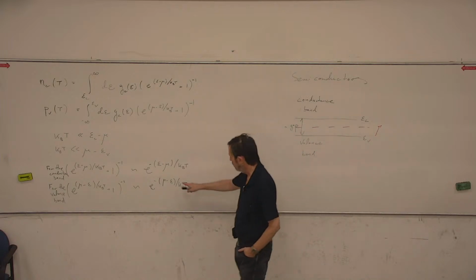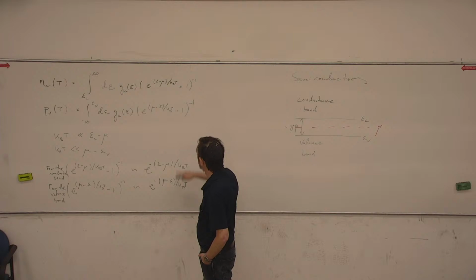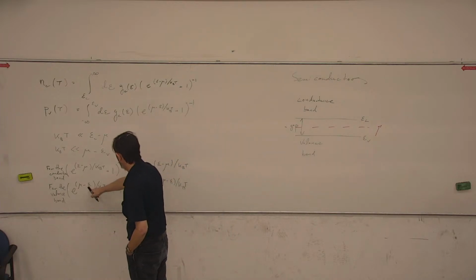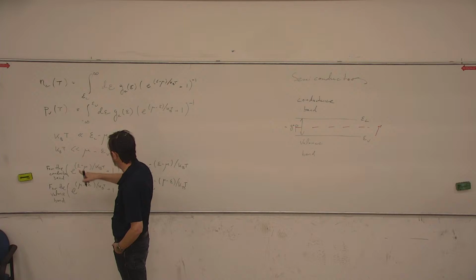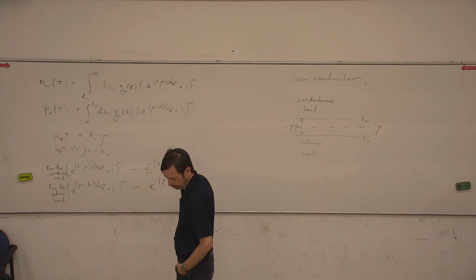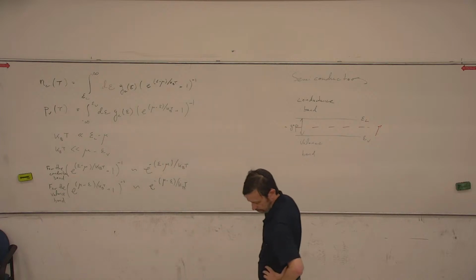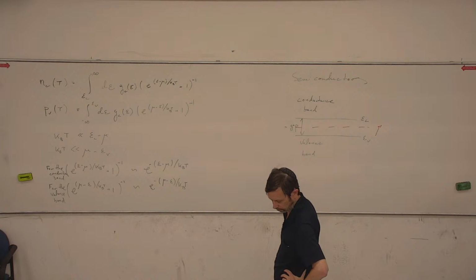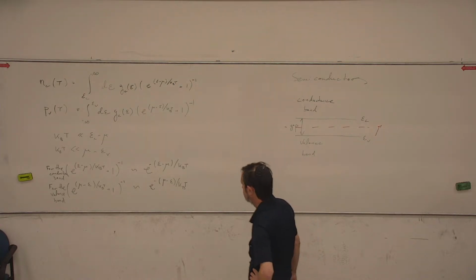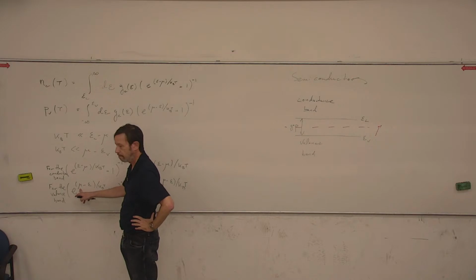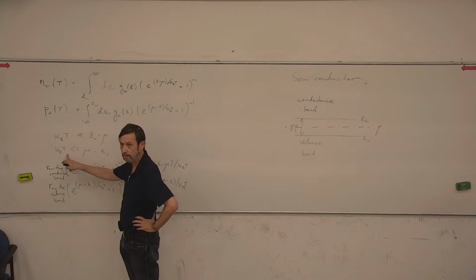Shouldn't it be without a minus because you already did mu minus epsilon? Mu minus epsilon, but in this case it gets the same thing. You did minus times minus, mu minus epsilon is larger than k_B T. Yeah, so we just dropped the one.